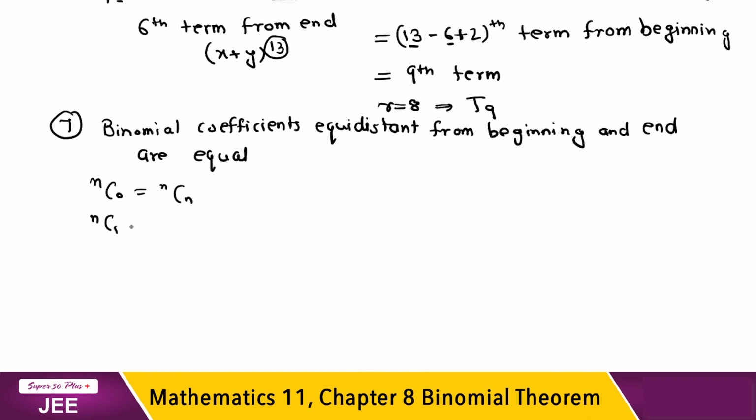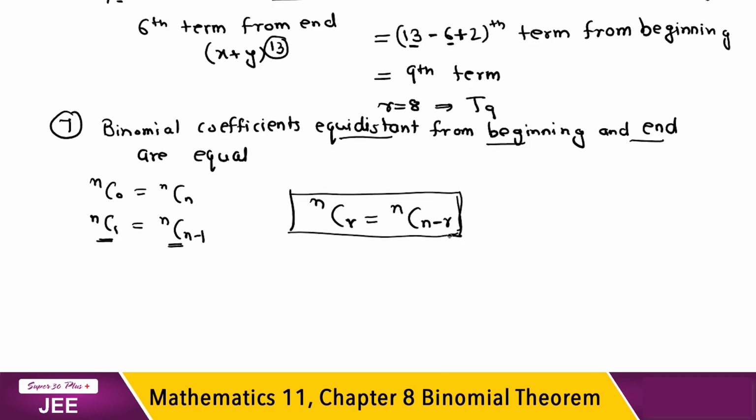Similarly, nC1 is equal to nC(n minus 1). This is the binomial coefficient of the second term and this is the binomial coefficient of the second last term, equidistant from the beginning and end. So these coefficients are going to be equal. In general, nCr is equal to nC(n minus r).